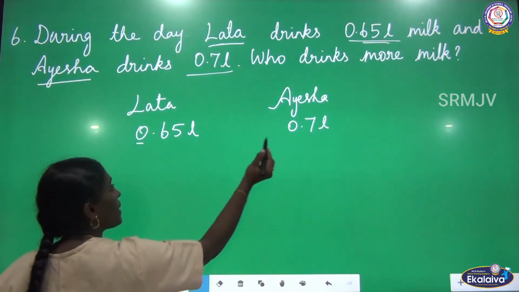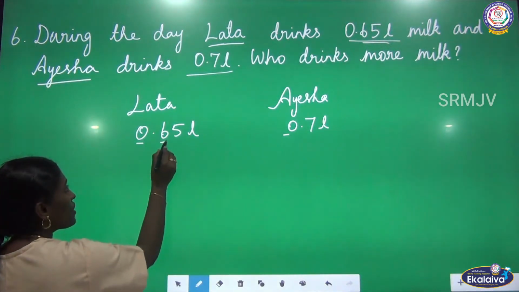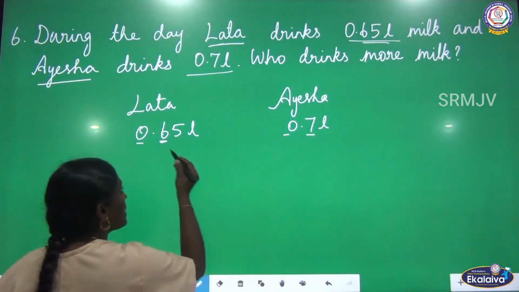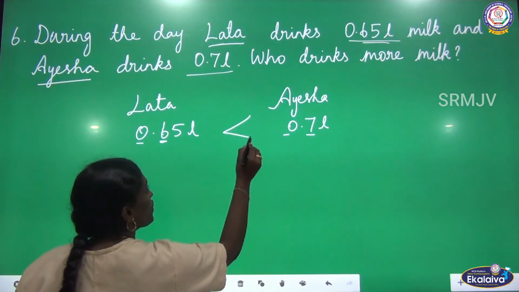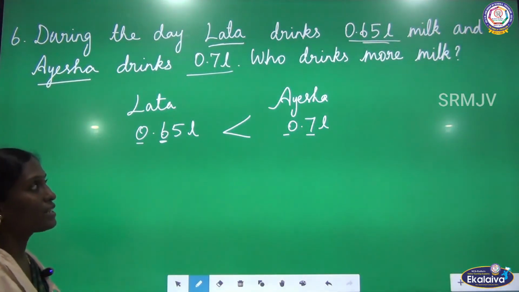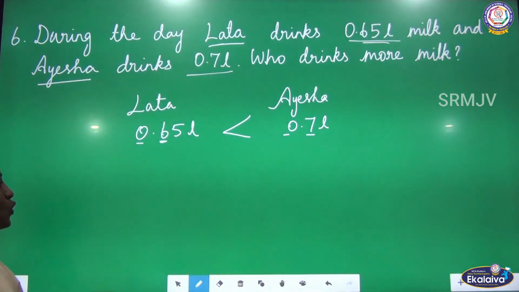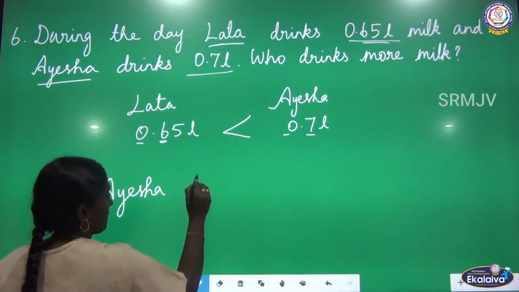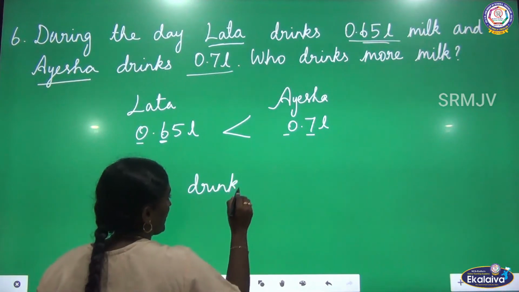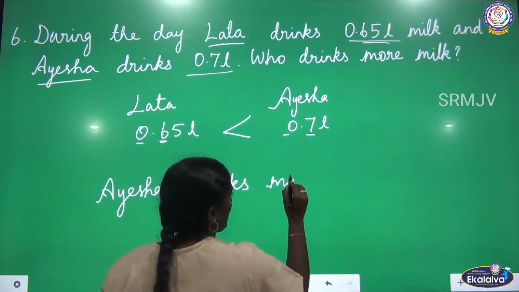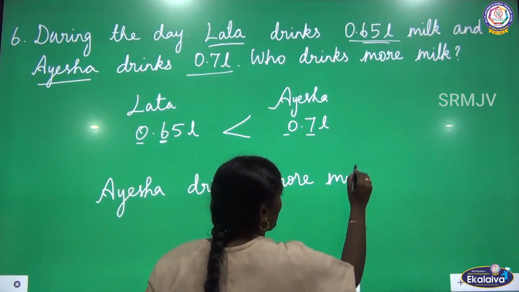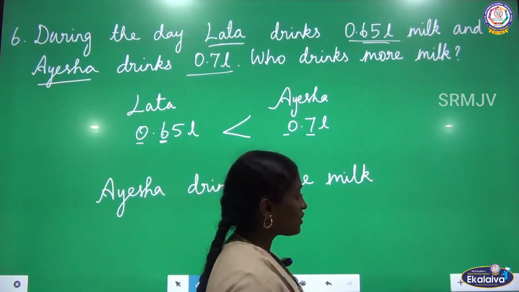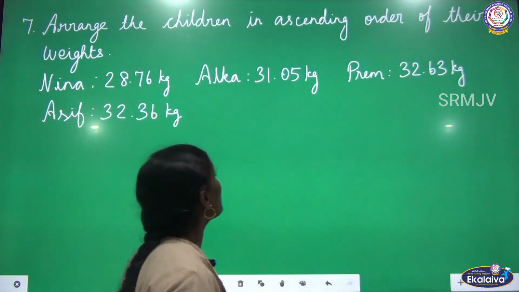Here the whole number part is 0. So we have to compare the first decimal place. Here 6, 7. So 0.7 is greater. So Aisha drinks more milk. Is it clear, children? The next one.